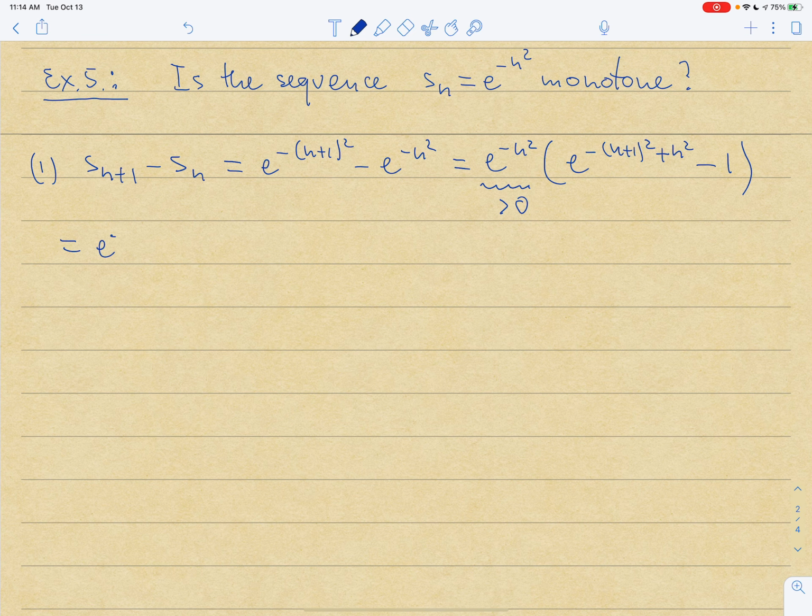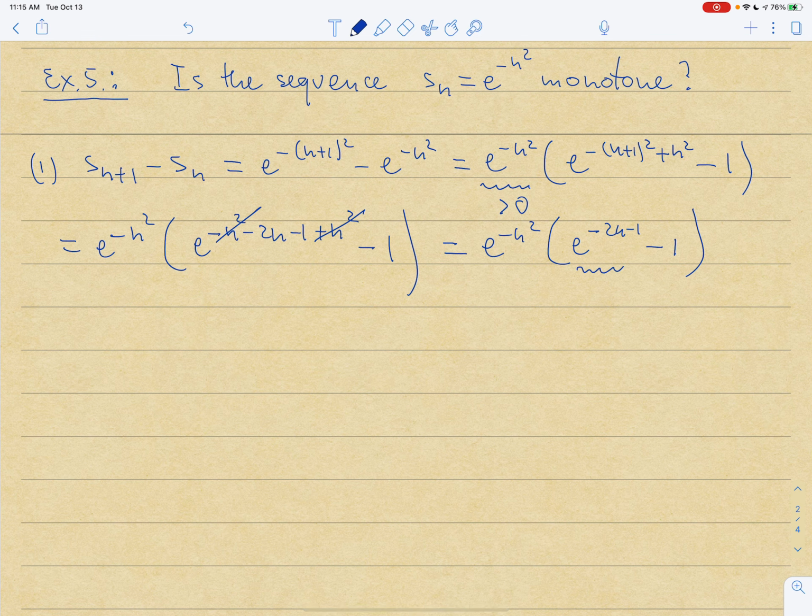So e to the minus (n plus 1) squared is, if I distribute, e to the minus n squared minus 2n minus 1. And in the power here, I have minus n squared plus n squared. Those go away. So e to the minus n squared times (e to the minus 2n minus 1, minus 1).